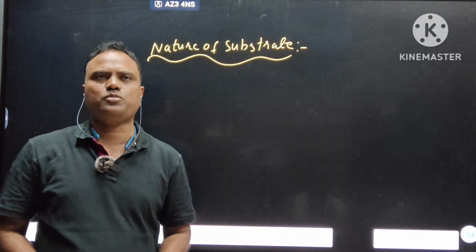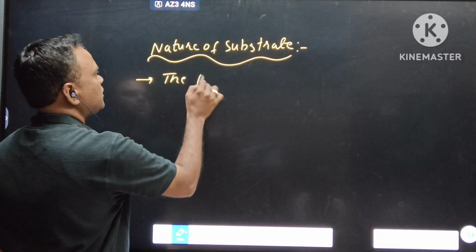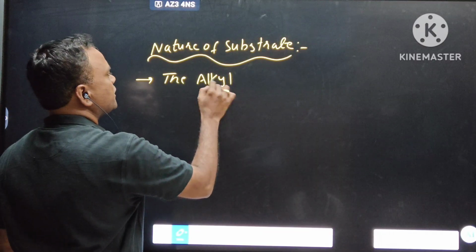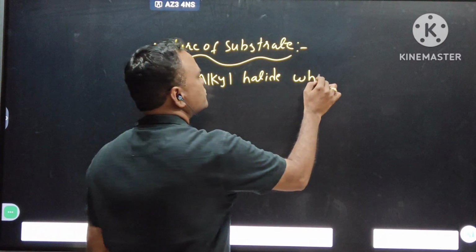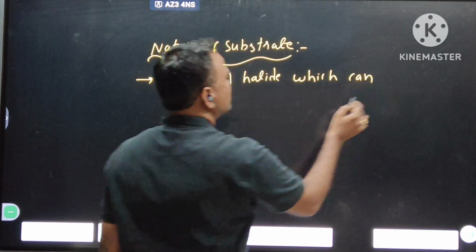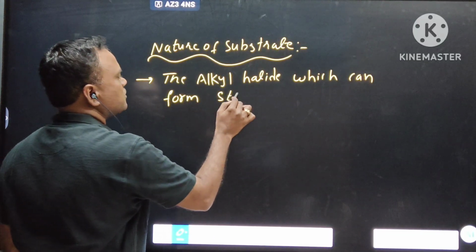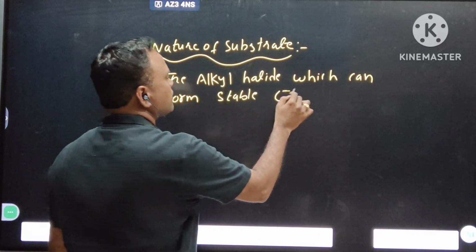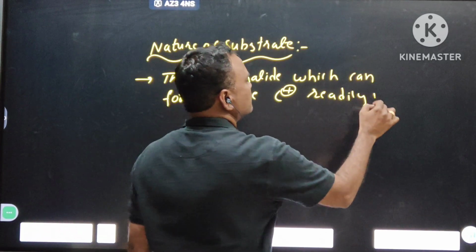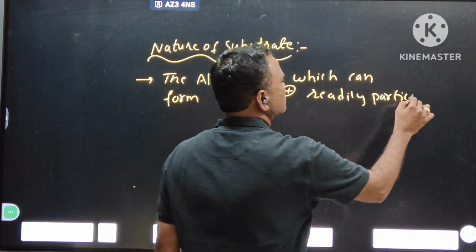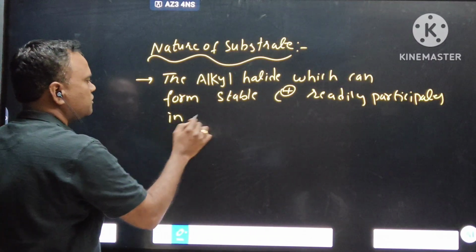First, observe this point. The alkyl halide, substrate means alkyl halide. The alkyl halide which can form a stable carbocation readily participates in SN1.